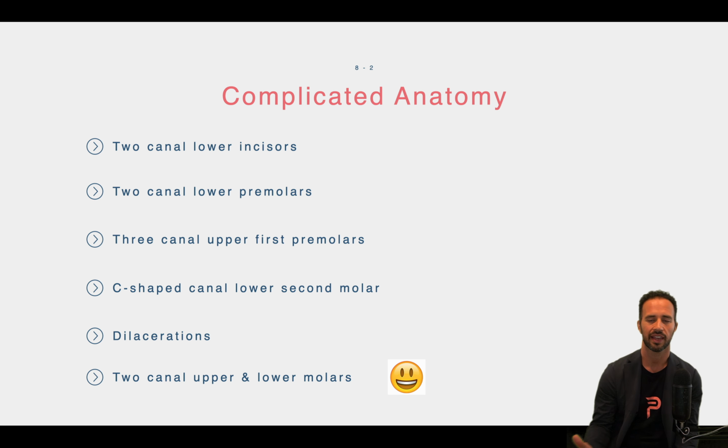And the next thing you're going to encounter is complicated anatomy. So I put a list together here of some of the more common situations, and they range in terms of whether it makes root canal treatment significantly more challenging. So lower incisors oftentimes have a second canal. It's not the majority of the time, but it's something that you're going to encounter from time to time.